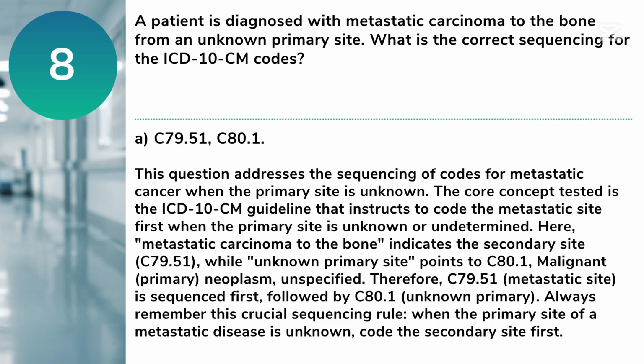Here, metastatic carcinoma to the bone indicates the secondary site, C79.51, while unknown primary site points to C80.1, malignant primary neoplasm, unspecified. Therefore, C79.51, metastatic site, is sequenced first, followed by C80.1, unknown primary. Always remember this crucial sequencing rule: when the primary site of a metastatic disease is unknown, code the secondary site first.